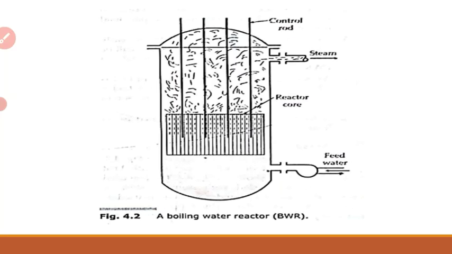In this reactor the fuel used is enriched uranium, and water is used as both moderator and coolant. I repeat, the water is used as both. Both in the sense it acts as a moderator and coolant. Coolant means the coolant gives up heat to the heat exchanger, which is utilized to raise steam. In other words, it carries the heat.